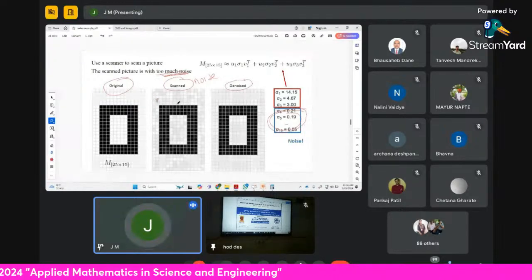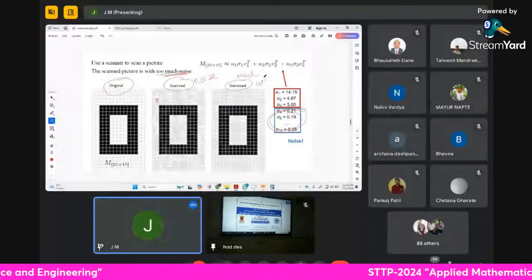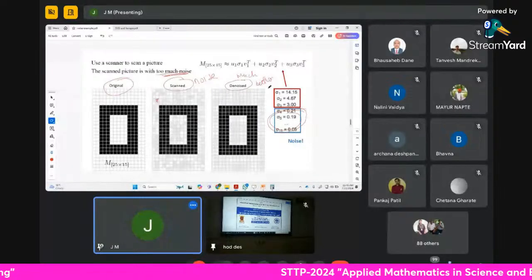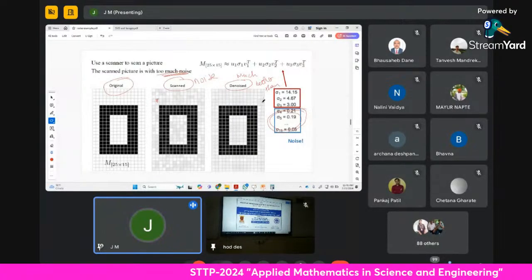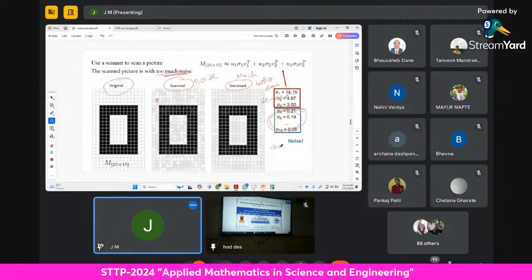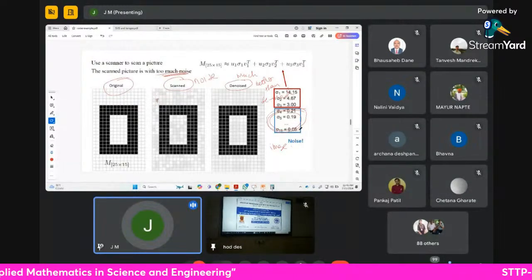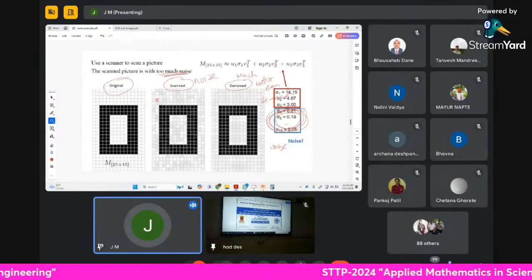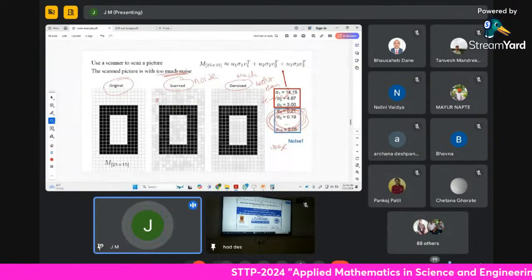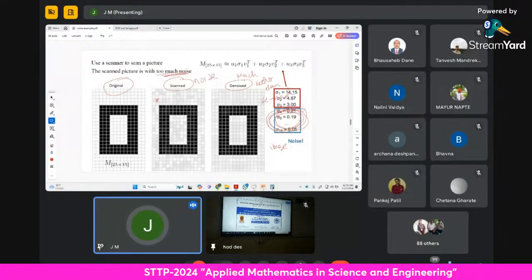See, now this is much better than the scanned image, because we are ignoring the very small singular values. They don't contain much of the information. The main information is always in the larger singular values.